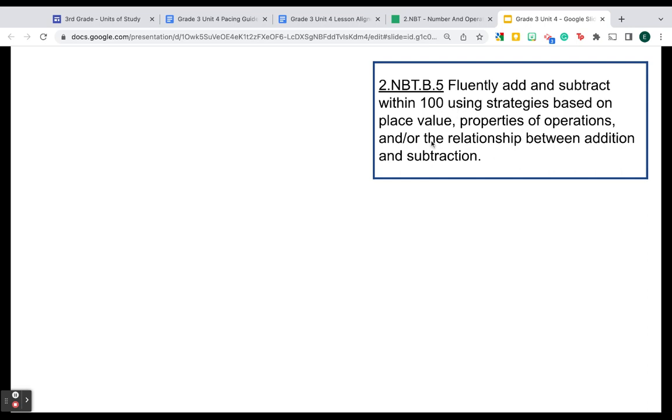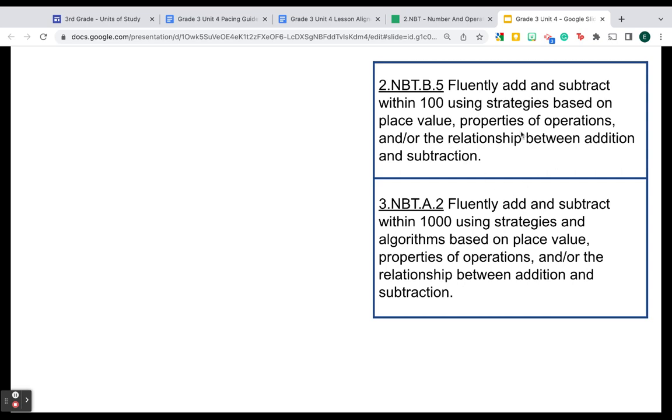So if you think about third grade, you'll notice it's really written the same, fluently adding and subtracting using all of these strategies, but now within 1,000. So the strategies that you're doing in third grade are the same ones they did in second grade, just with bigger numbers. So place value blocks, representations of place value blocks, number lines, partial sums, partial differences. Those are all great strategies.